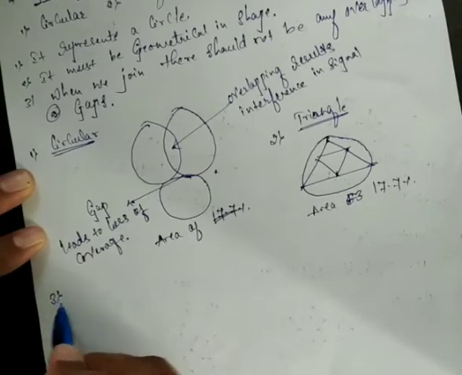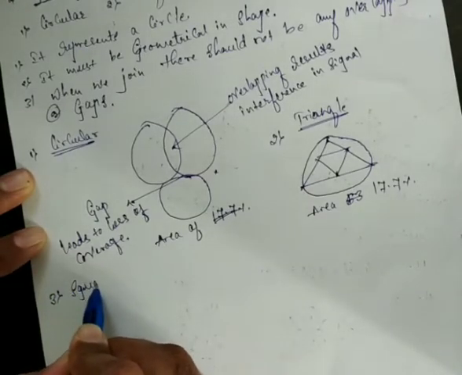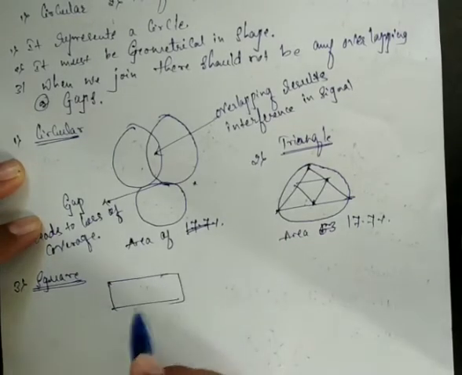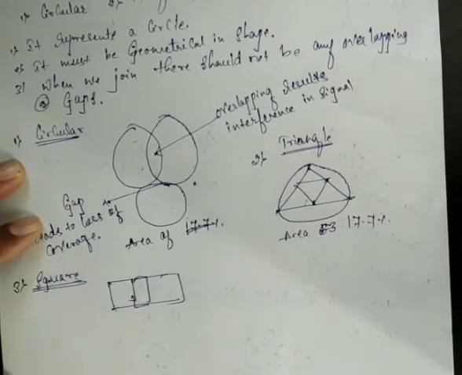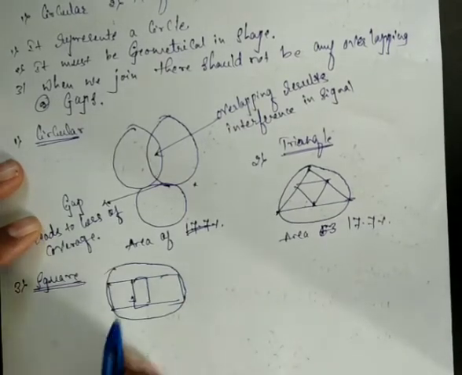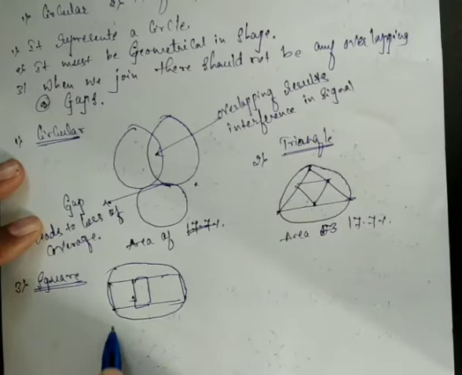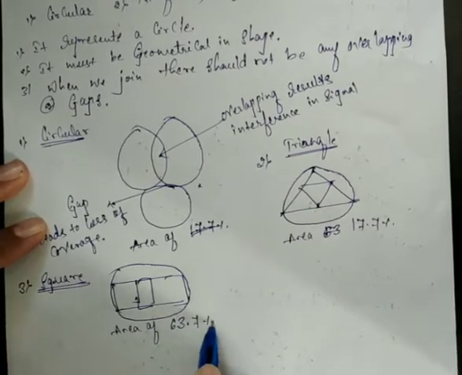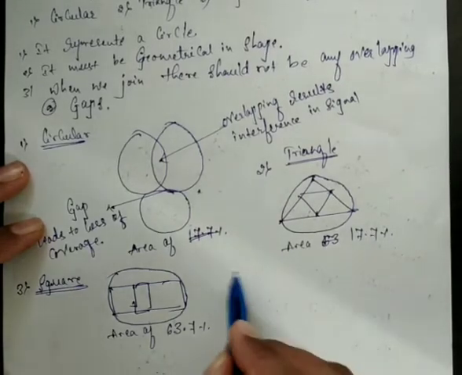And third is the square. It also represents a circle, but it will cover an area of 63.7%.